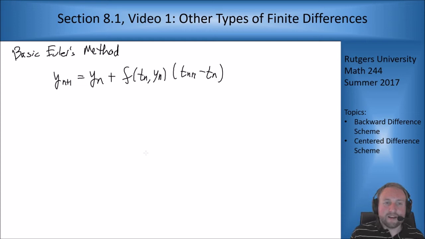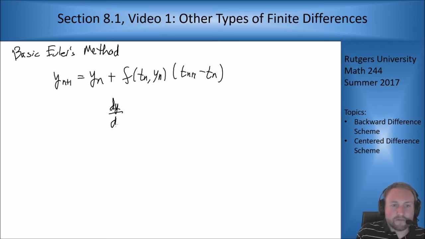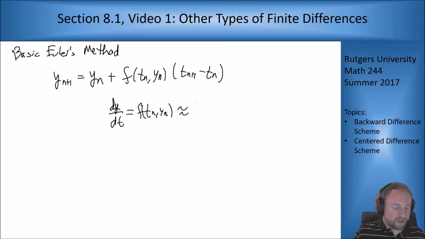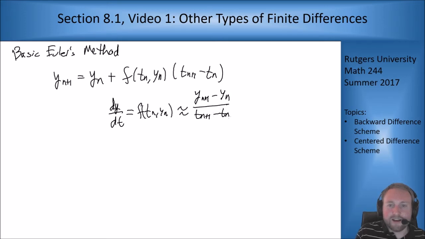What this really comes from is saying that my derivative f(t_n, y_n) is approximately equal to a finite difference approximation to the derivative, which in this case is a forward difference approximation: (y_{n+1} - y_n) over (t_{n+1} - t_n). If you solve that out, you get the next point on the curve.